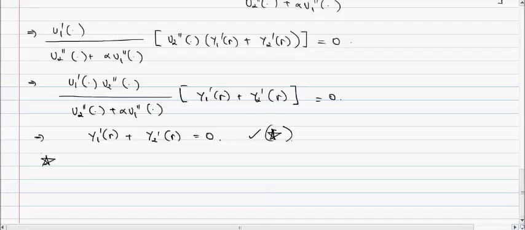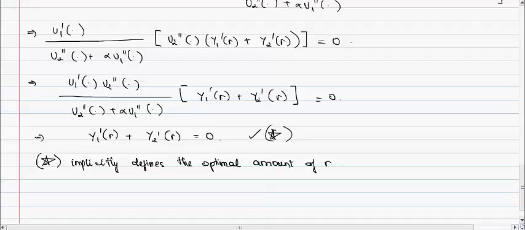The star over here implicitly defines the optimal amount of r that is picked by player 1 to maximize his utility.